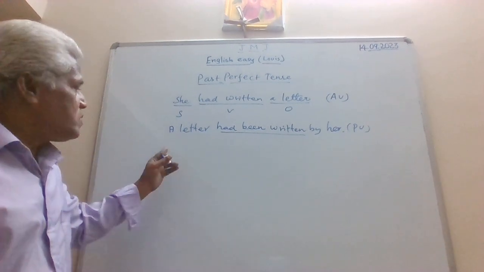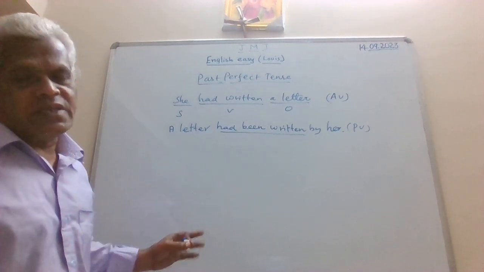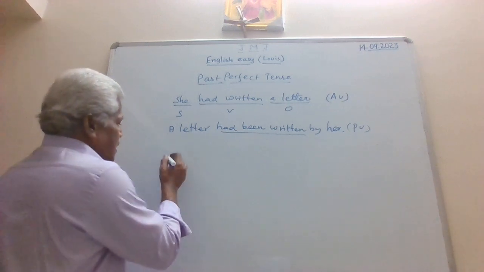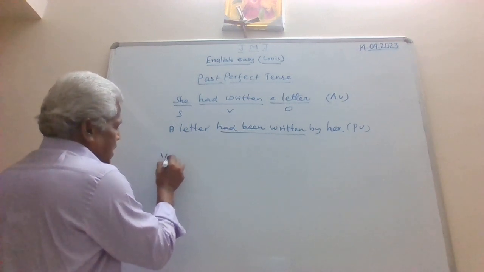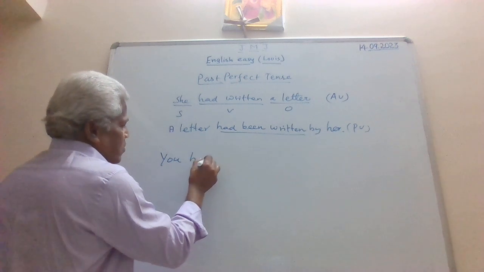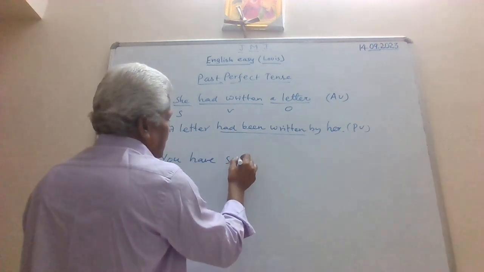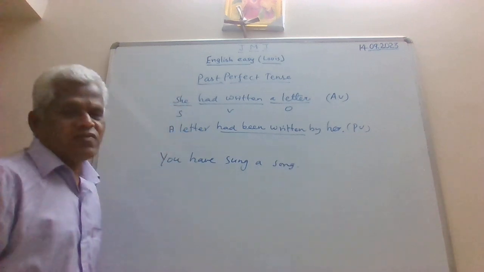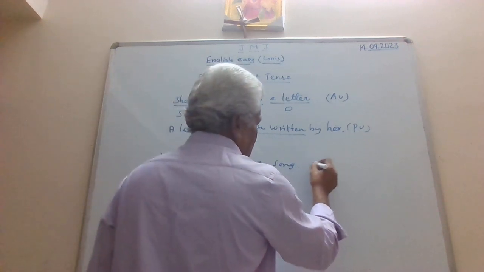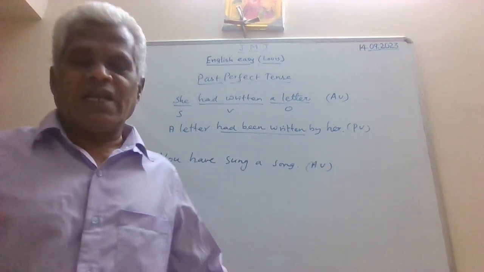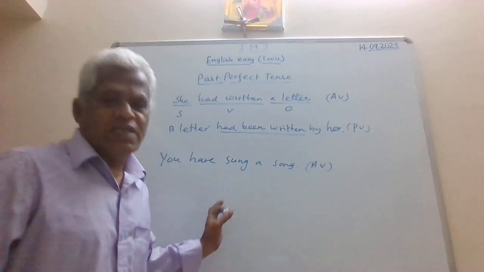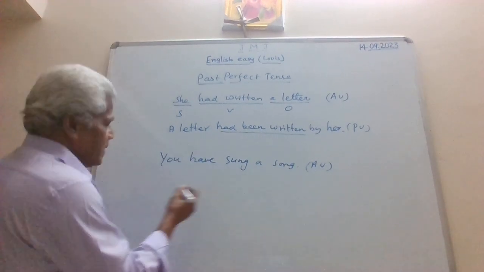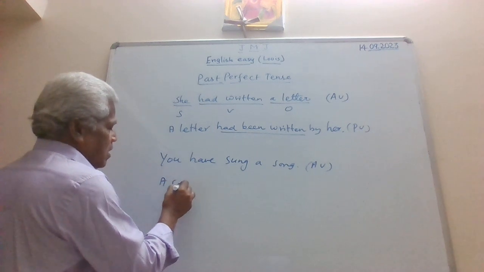And then suppose if I use the subject first person singular or second person plural, let me use the second person now. You have sung a song. So this is active voice. Now how do you write this in passive voice now? See, a song.